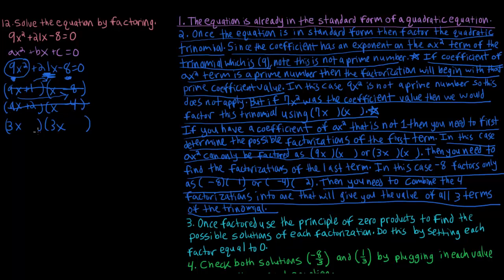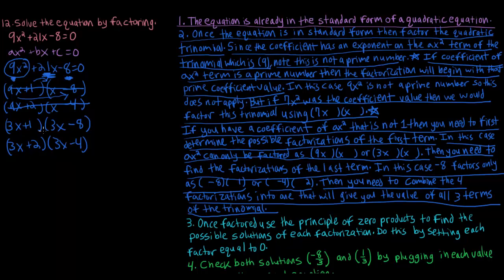Then we can use the same factorizations of -8 with our 3x times 3x. So we have minus 8 and then plus 1. We can also do 3x plus 2 and 3x minus 4. 1 times -8 is -8, our last term.